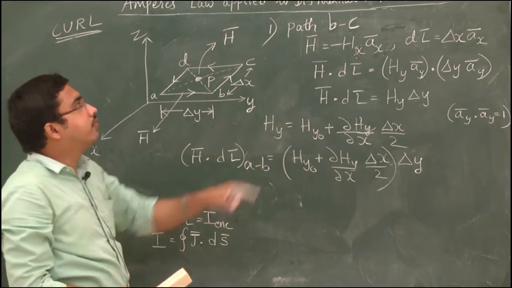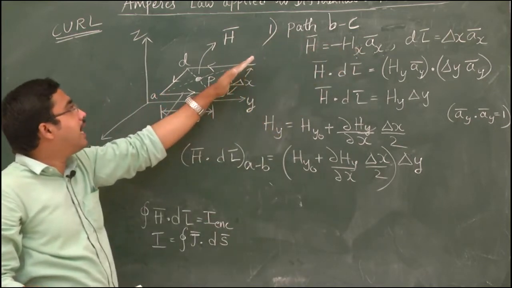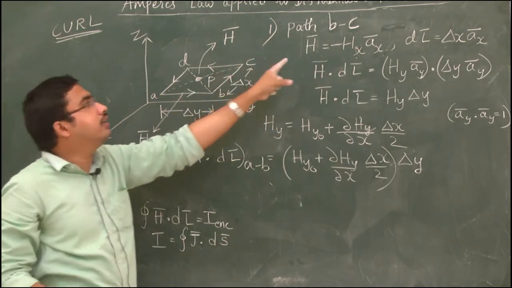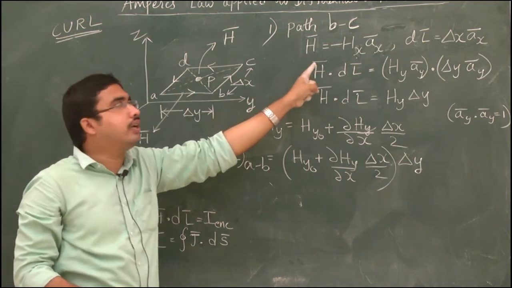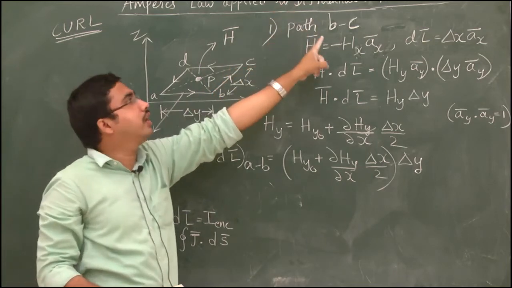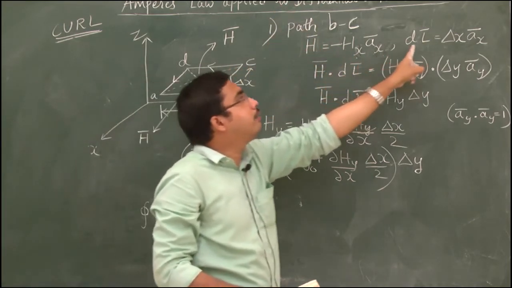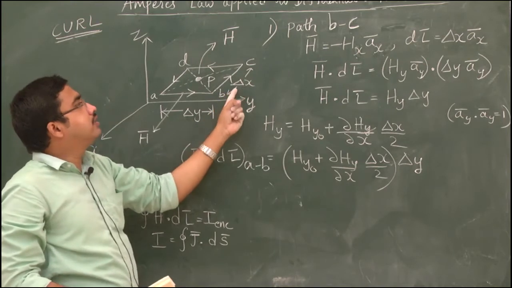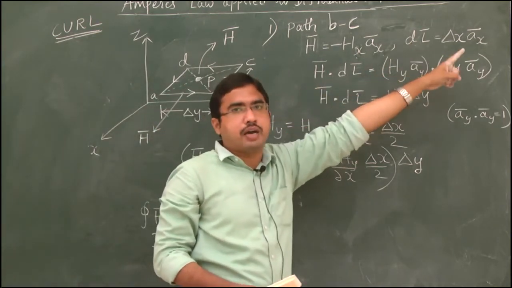So for path BC, as it is matching with the X axis, you are taking H bar as minus Hx into Ax bar, because it is running away from the X axis, so we are taking minus. And dl bar, the differential length, is delta x into Ax bar.